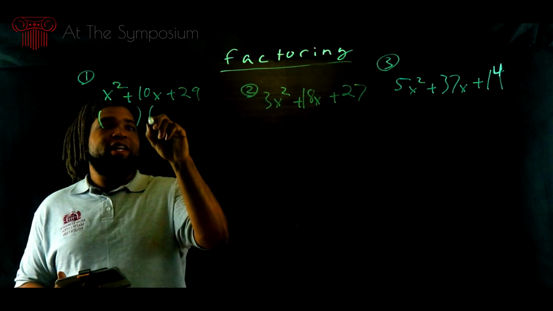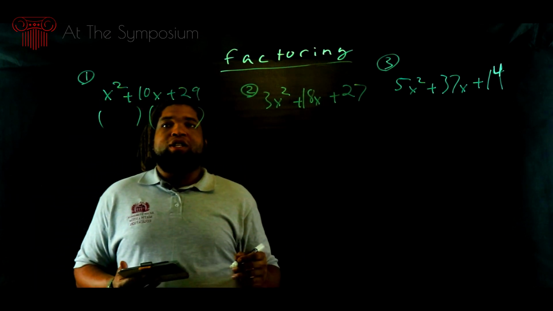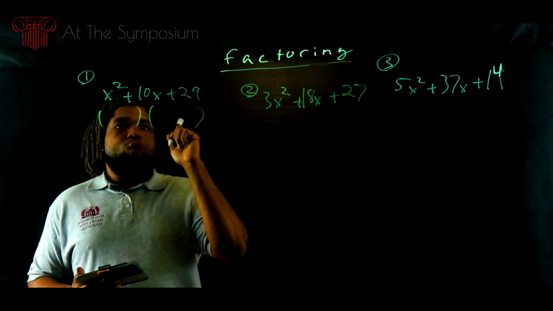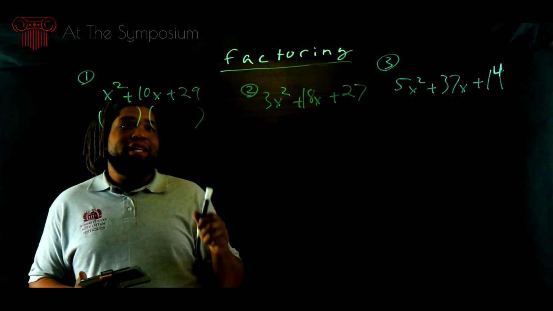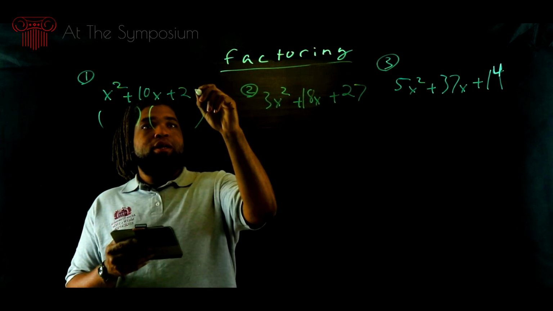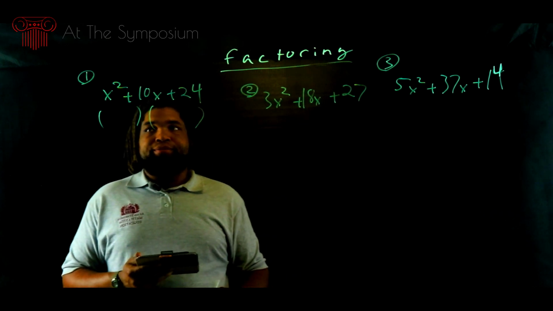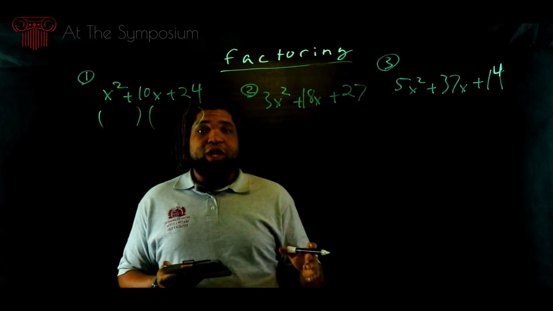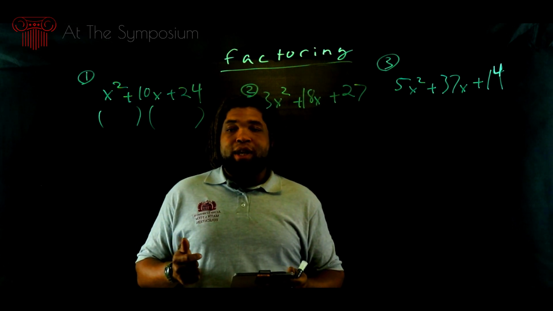Remember, when we're doing our quadratics, we're going to start with our parentheses, and we're going to ask the question, what 2 numbers can add up to 10 and also give us positive 24? If you're wondering where these problems are coming from, they're coming from another one of Chris McCullen's books.